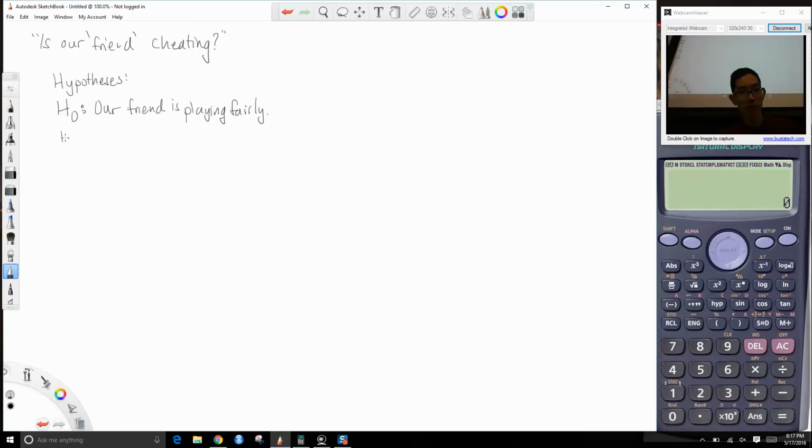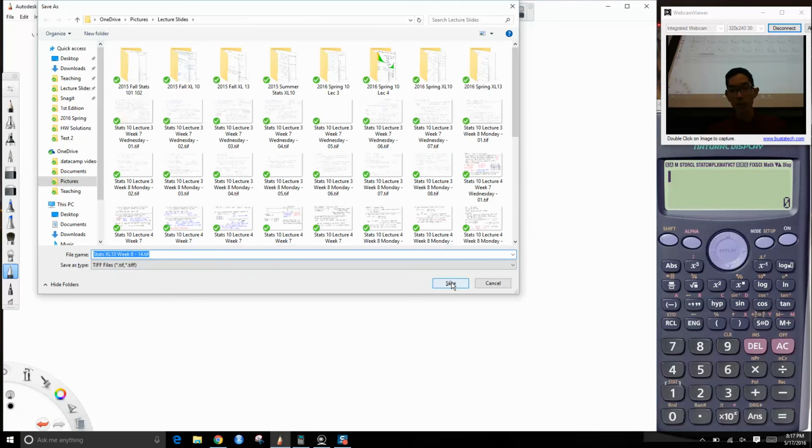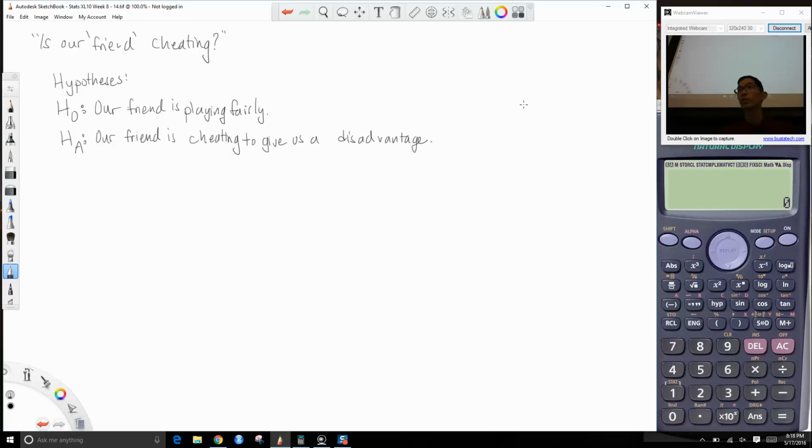And the alternative is our friend is cheating, and specifically is cheating in a way to give us a disadvantage. So this is our hypotheses written out in words. We're going to turn these symbolically, and this is where we have the equal sign.